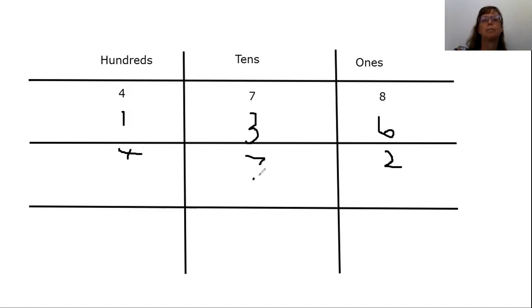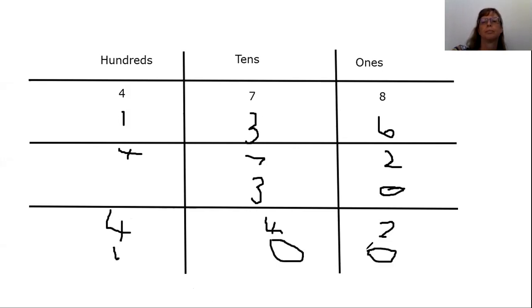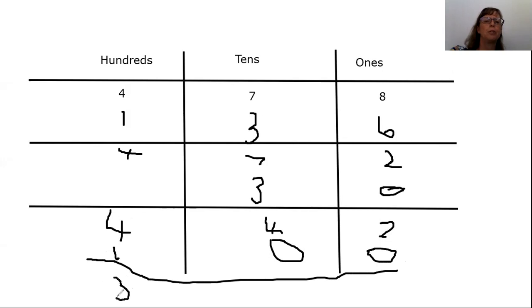Then we take away our 30. So 72 minus 30 will be 42. We've still got our 400 over here. And now we're going to take away the 100 here. So 400 minus 100 is 300. And then we've got our 4 and our 2. So the answer to 478 minus 136 is 342.